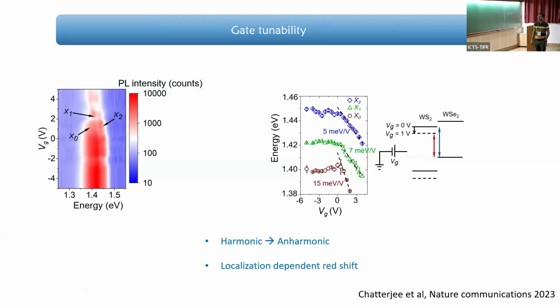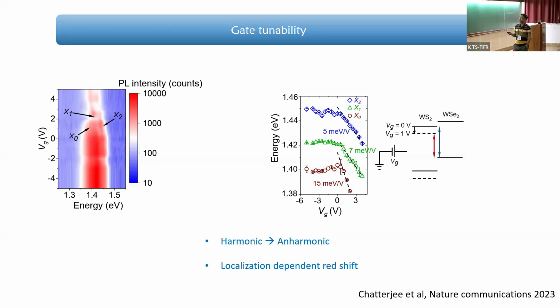Okay. All right. So now let's come to the gate voltage tuning part. What you observe is that as you increase the gate voltage, this is the gate voltage value, and this is the emission energy. In the negative voltage part, nothing really happens. And this negative voltage means you're doping the system p-type, or rather you're trying to introduce holes.